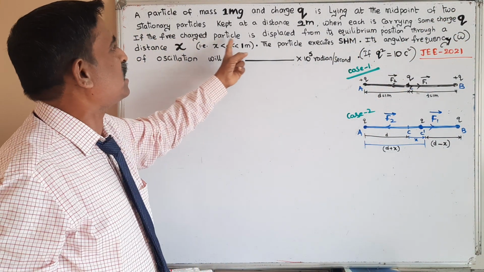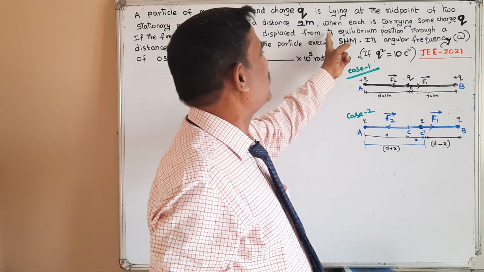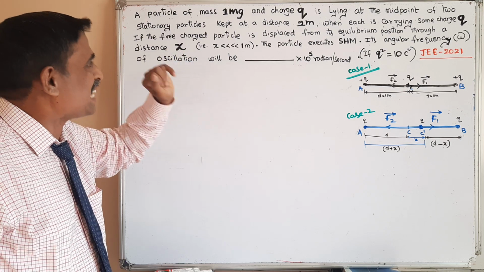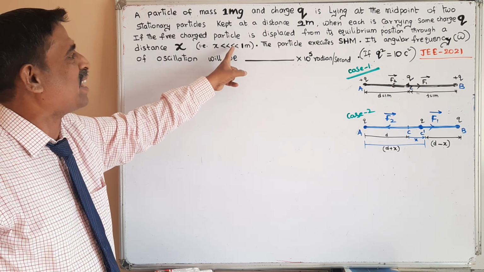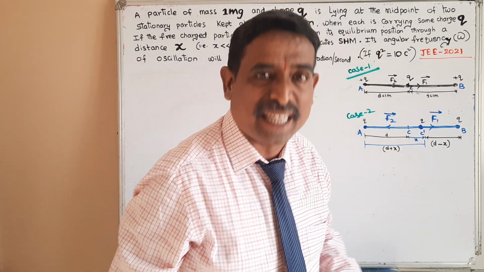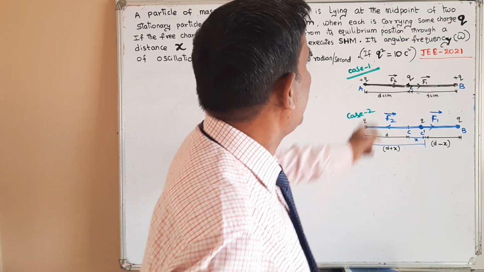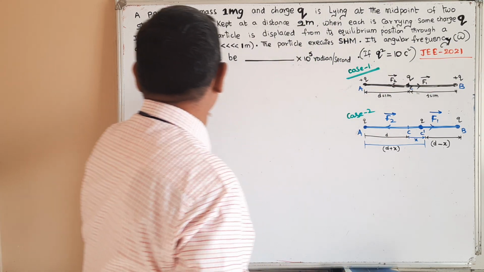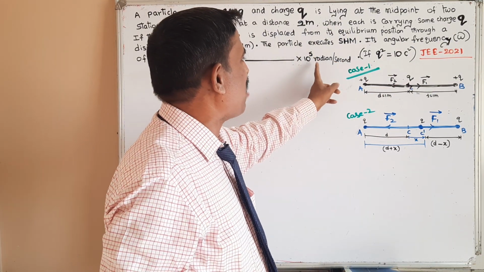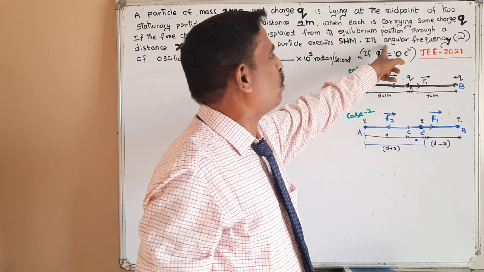If the free charged particle is displaced from its equilibrium position through a distance x, that x is very less than 1 meter, the particle executes a simple harmonic motion. Its angular frequency of oscillation will be dash into 10 power 5 radian per second if q square is equal to 10 coulomb square.